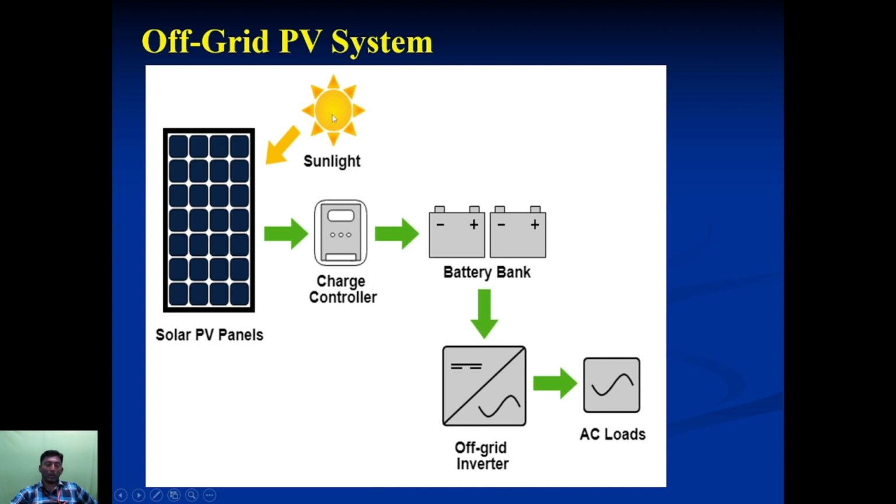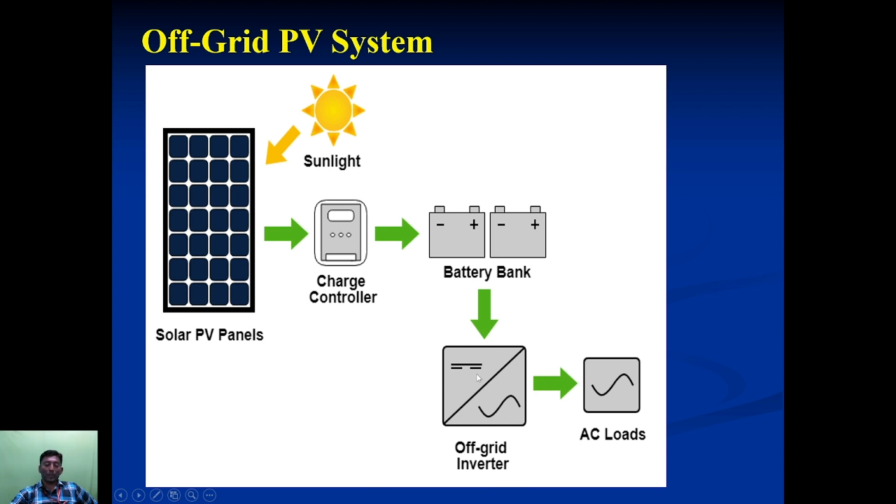During the availability of sunlight, or daytime, you can get the electricity and charge the battery bank through the charge controller, and this DC is converted into AC through the off-grid inverter and applied to the AC load. This is the basic concept.